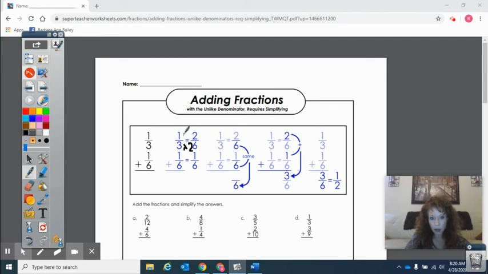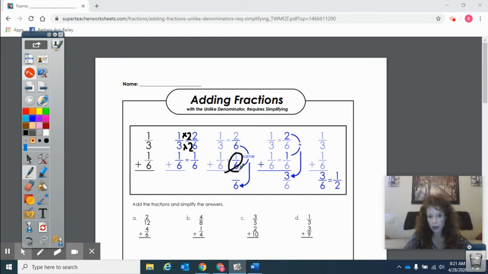And they did 1 times 2 to get 2. All right, I know that's a little tight right there, but remember that we can multiply the numerator and denominator, top number and bottom number of a fraction by any number, and we still get an equivalent fraction. All right. So they've changed 1/3 into 2/6.